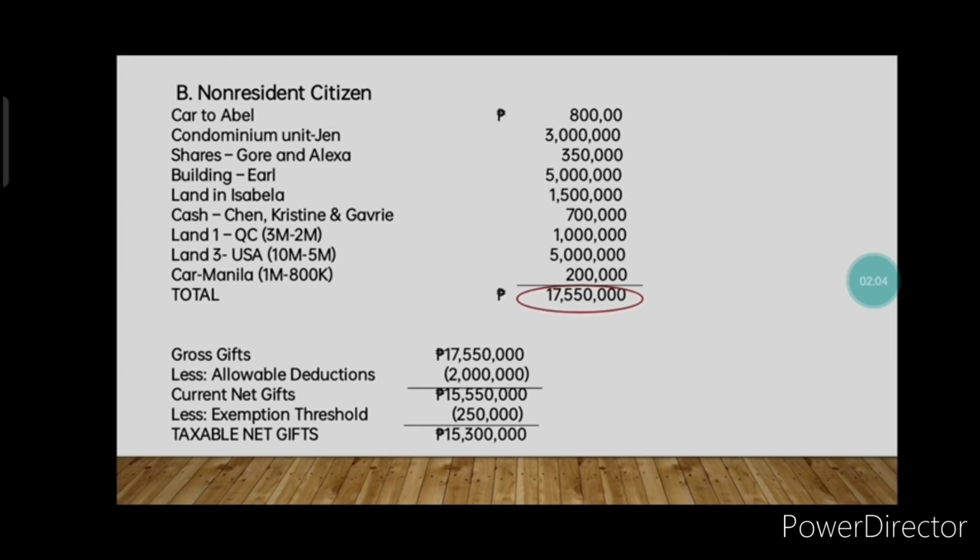So if we determine the taxable net gifts, we have here 15,300,000. For the resident alien, they have the same amount for the gross gifts. We also have 17,550,000 since resident alien, resident citizen, and non-resident citizens are in the same classification of donors.